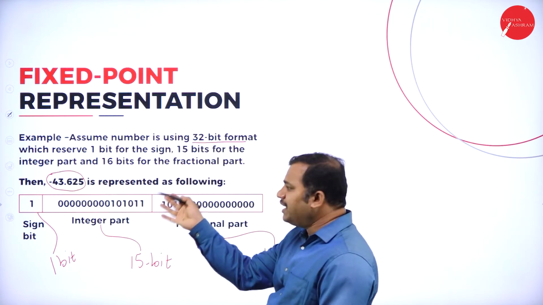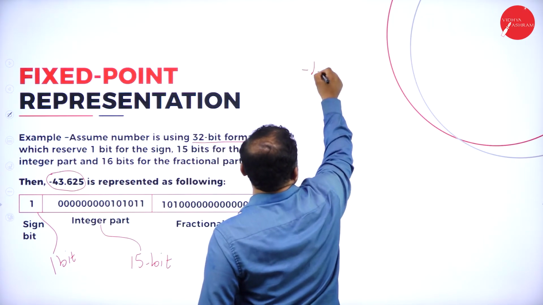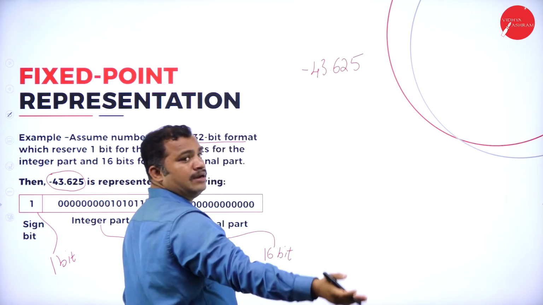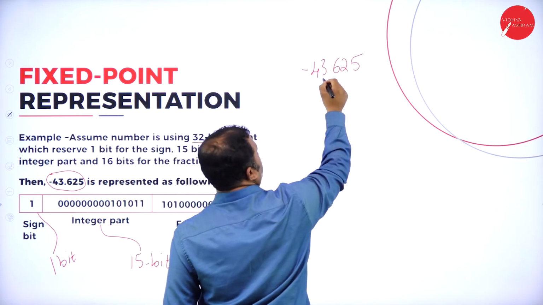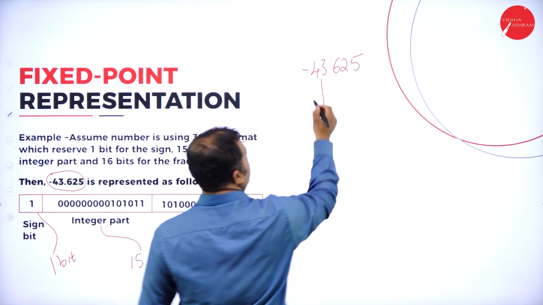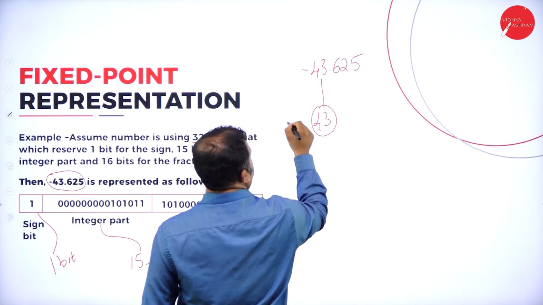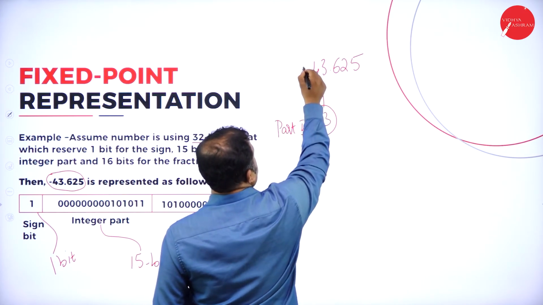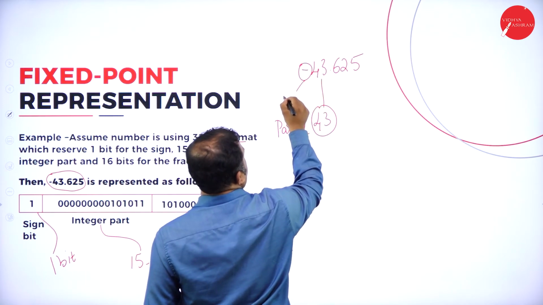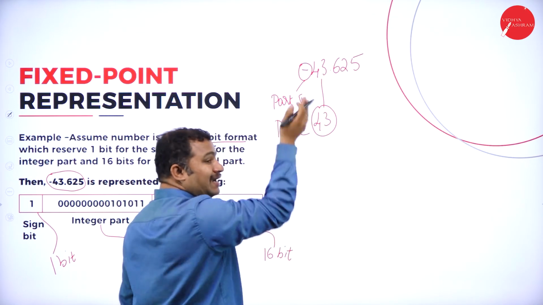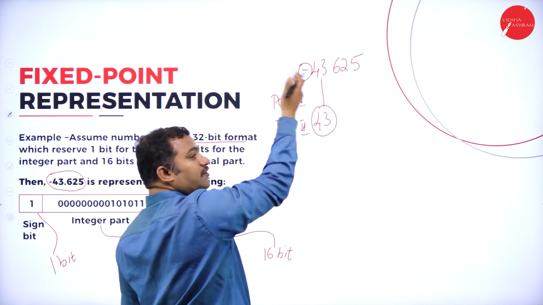If that is the case, I can represent the number which is minus 43.625. I can split it into different parts. This is the integer part, 43, which is part 2. We have a sign here, which is part 1. I am just splitting the number into different parts.